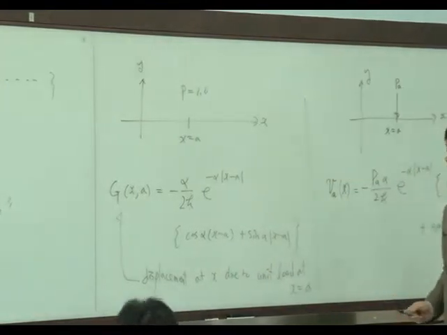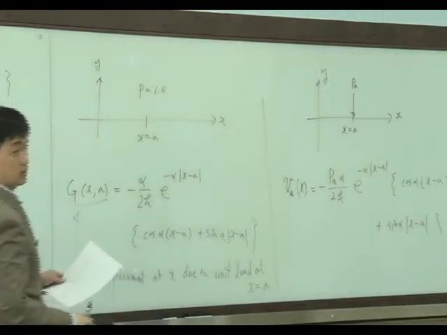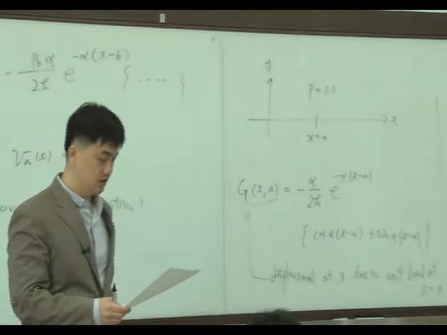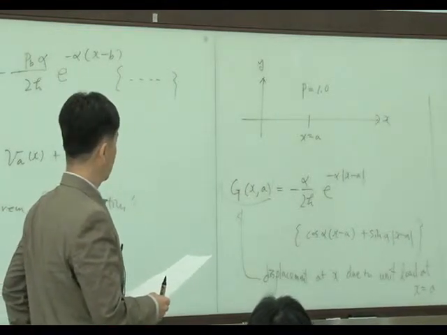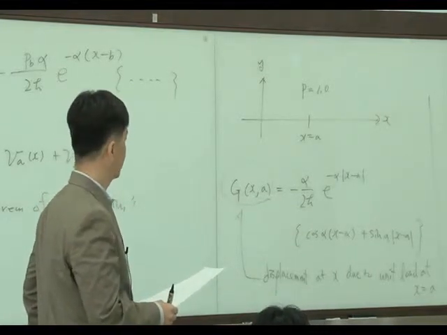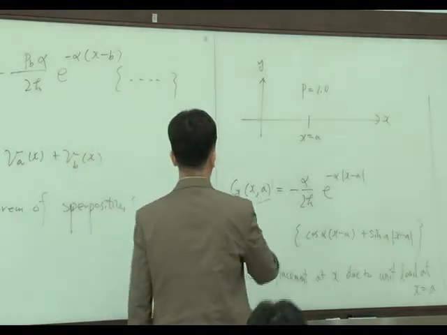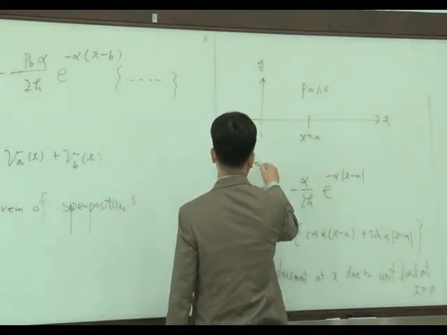So the function g gives you the displacement at x due to unit load at x equal a, right? This is a Green's function.